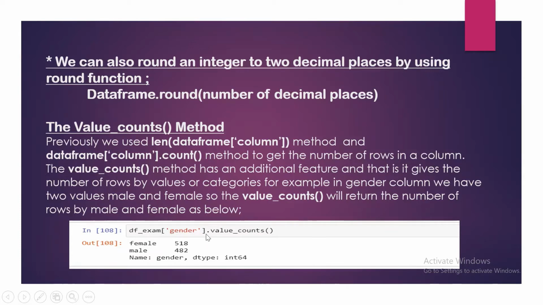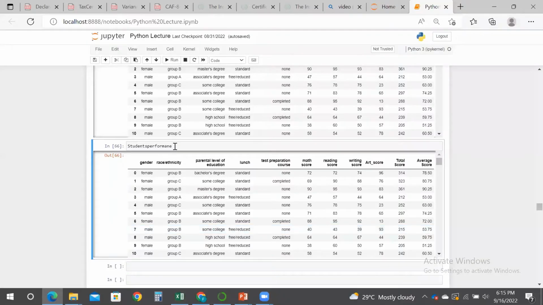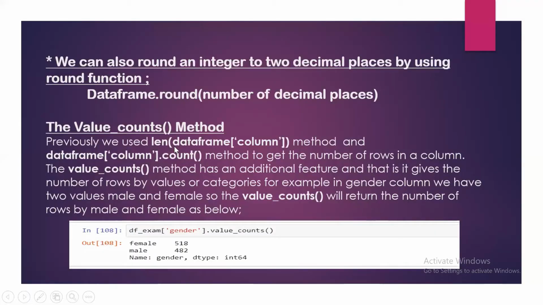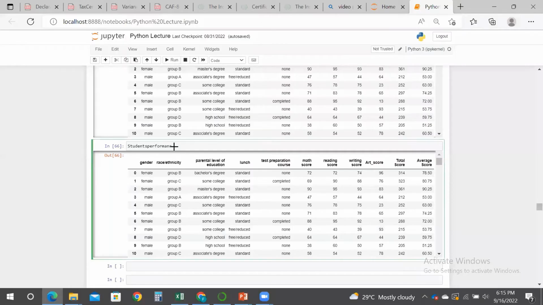The name of the data frame, the name of the column, and the value underscore counts method. So the name of the data frame, then give a dot and no bracket, a square bracket, open a square bracket, give the name of the column which I want to count. Gender, is the spelling of gender right?